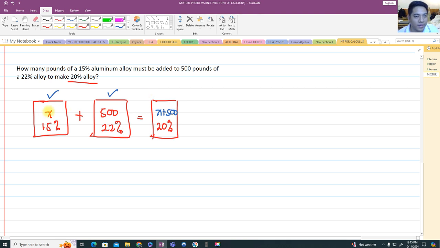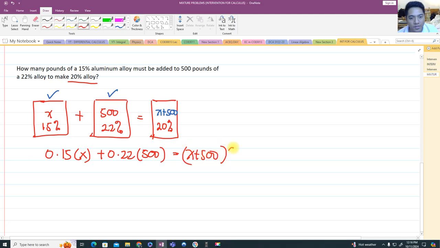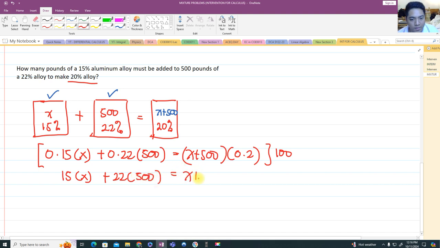The question being asked is the value of x: how many pounds of 15%? So we have 0.15 times x plus 0.22 times 500 equals x plus 500 times 0.2. If we multiply both sides by 100 for an easier calculation, you have 15 times x, 22 times 500, and x plus 500 times 20.